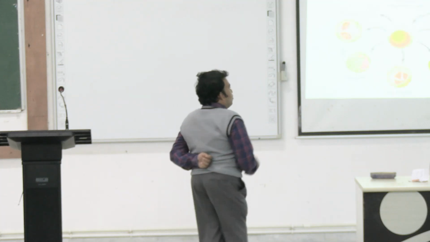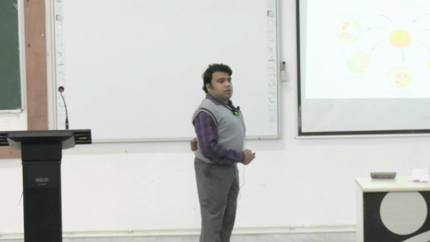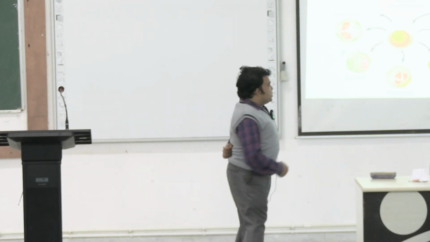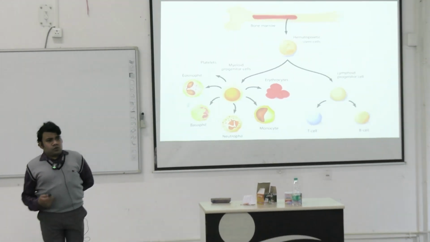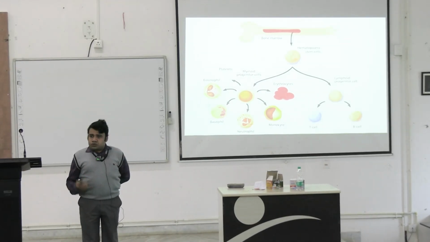Now, when we look at the bone marrow, what do we have in the bone marrow? We have the hematopoietic stem cells, and from the hematopoietic stem cells there are different lineages. One is the myeloid lineage and one is the lymphoid lineage. The myeloid lineage gives rise to what types of cells? Neutrophils, eosinophils, basophils.